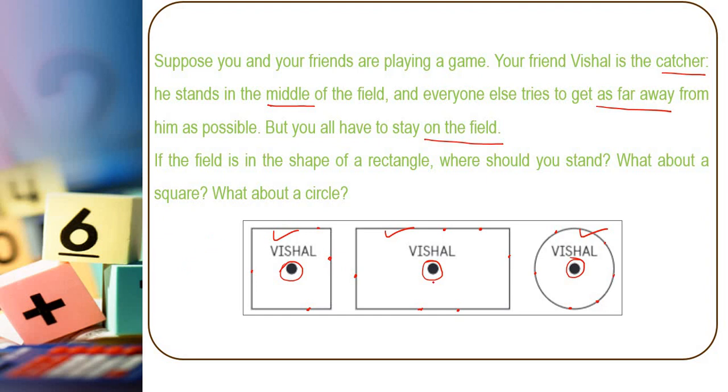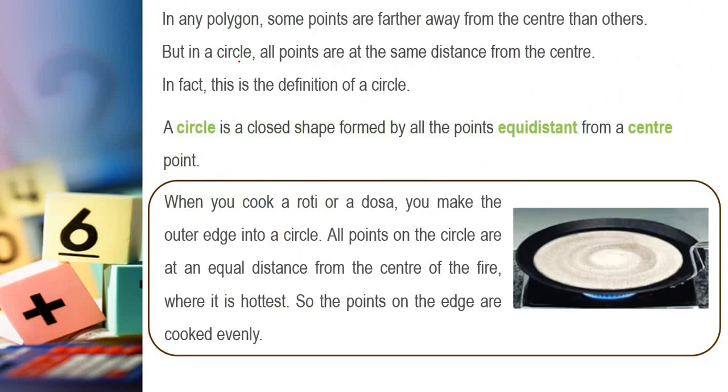Yes, in square and rectangle, the distance is different from the center, where Vishal stood. Coming to circle, the distance is equal from the center to any point on the circle. Did you observe this, children? Yes, now we are going to learn about circle. In any polygon, some points are farther away from the center than others.